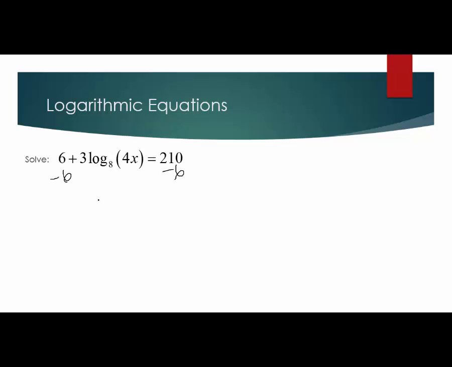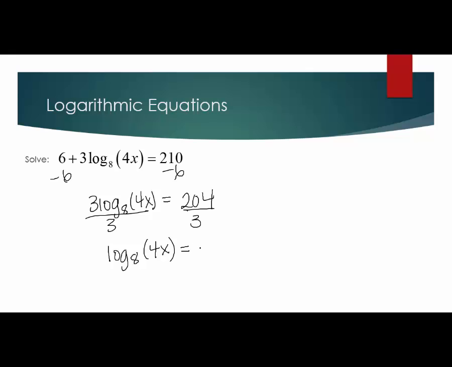Subtract 6. And then divide out this 3. Now I've isolated my base 8 logarithm. 204 divided by 3 is actually 68. Now I can use a base 8 or write this in exponential form.